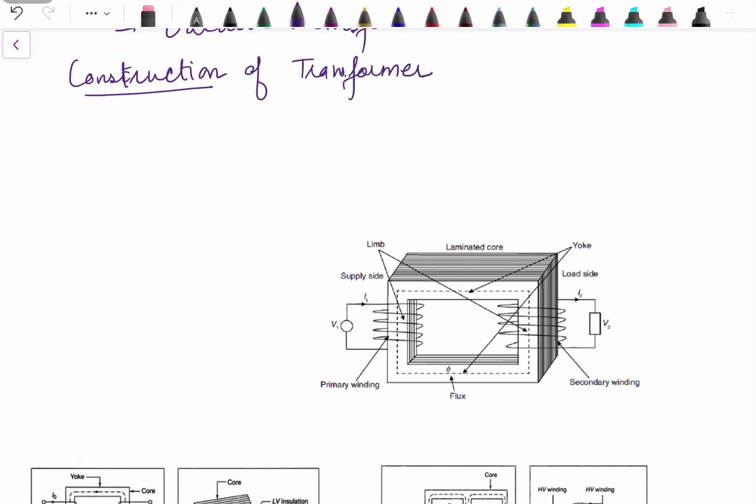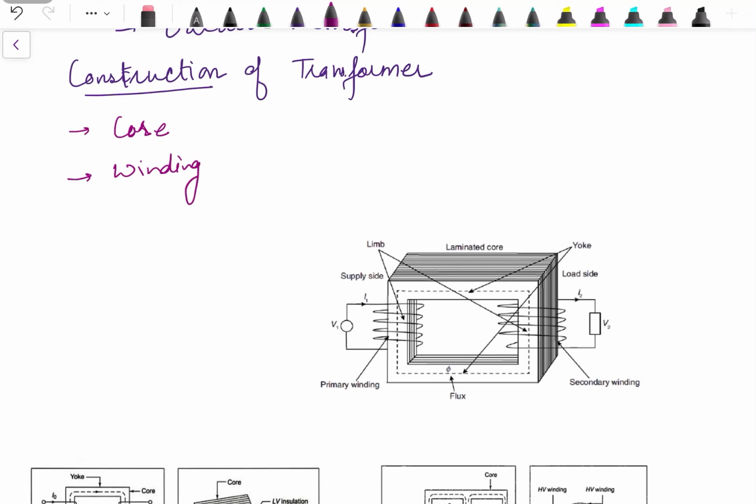So a transformer has two main things. We need a core, and second, we need winding. In addition to this, we can have other components as well, but these are the two major components which are used.